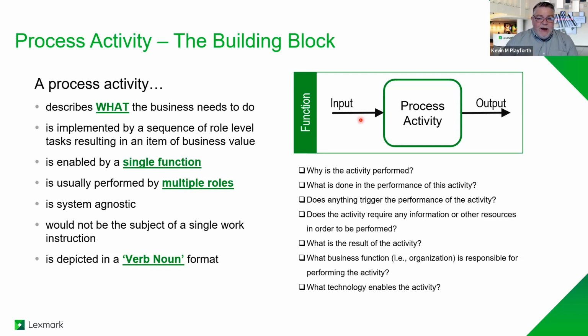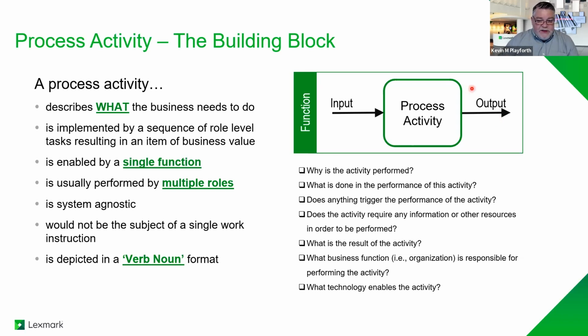And this becomes a standard of defining a unique process activity: it is triggered by an event or a specific input and produces a specific output. So when you look at this drawing, the owning function, the input that drives it, the definition of the activity itself and its output, that is really the IPO, the defining description of that particular activity.